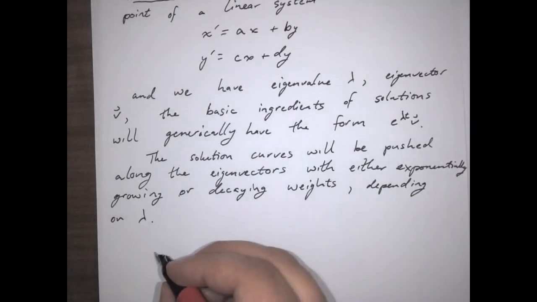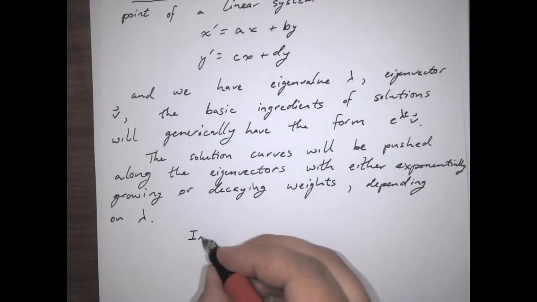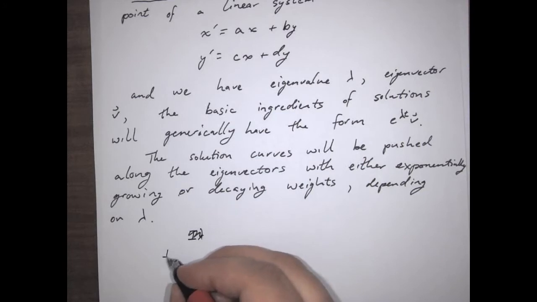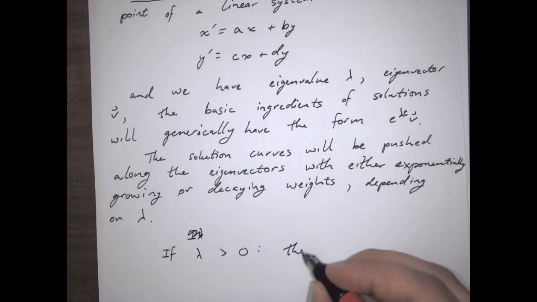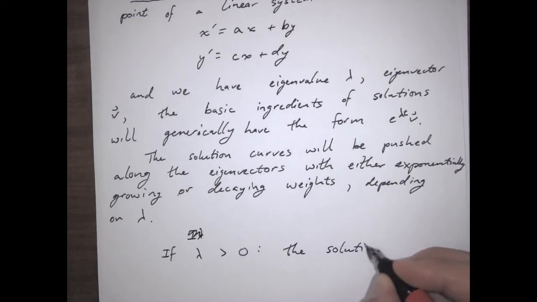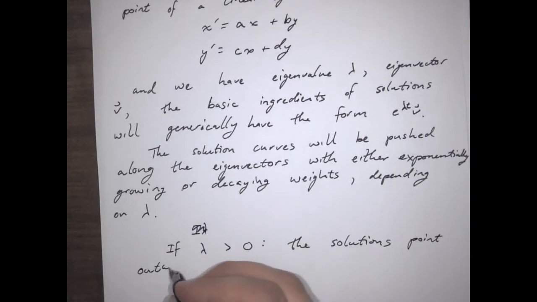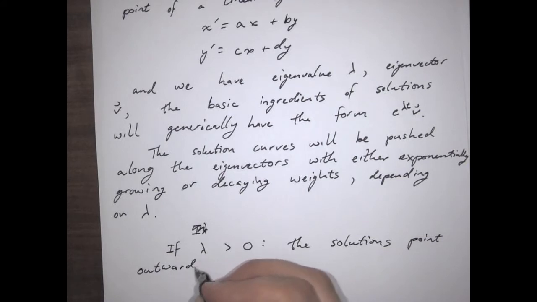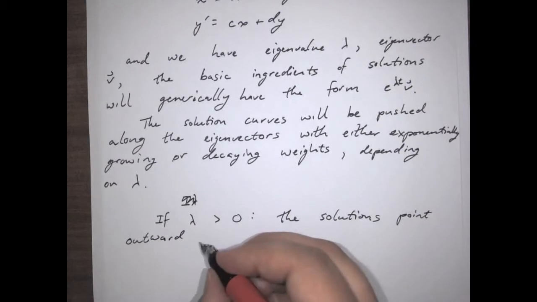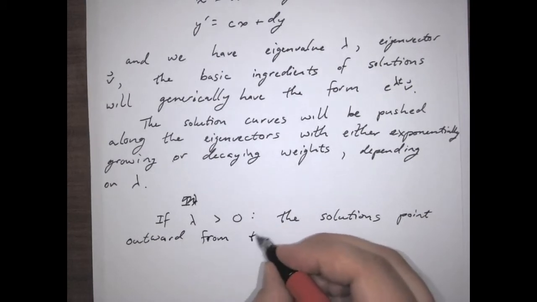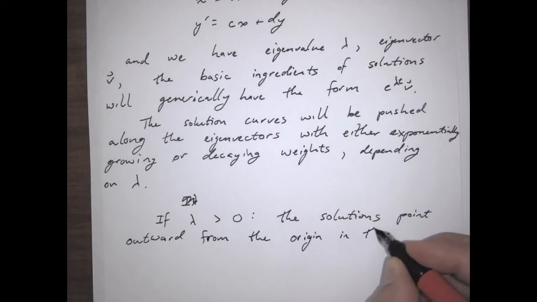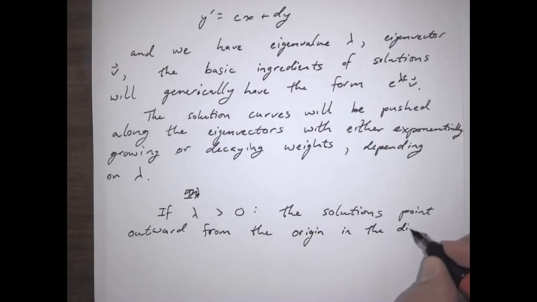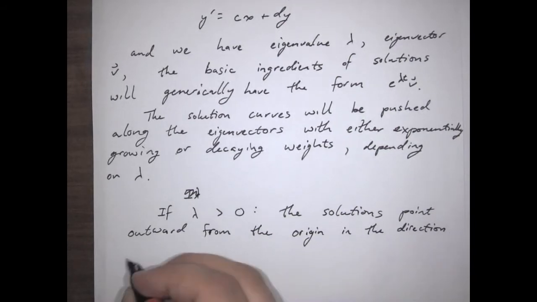So in particular, if lambda is greater than 0, the solutions point outward from the origin in the direction of v.